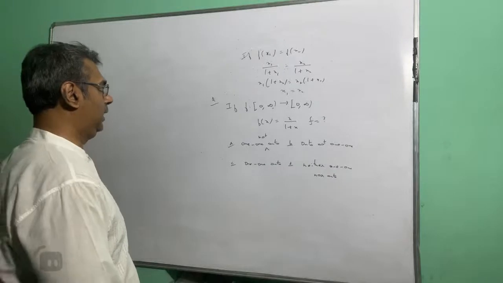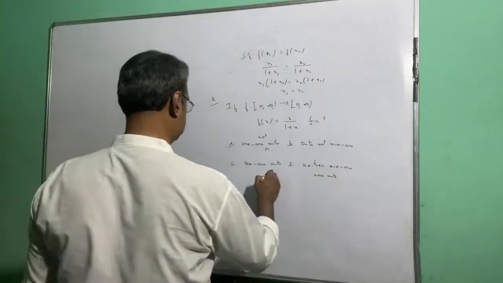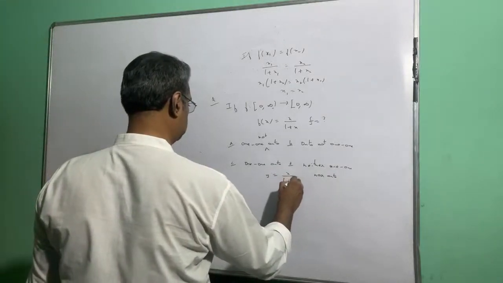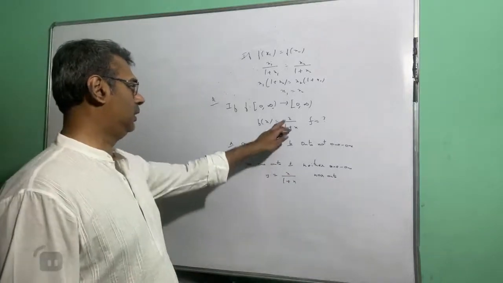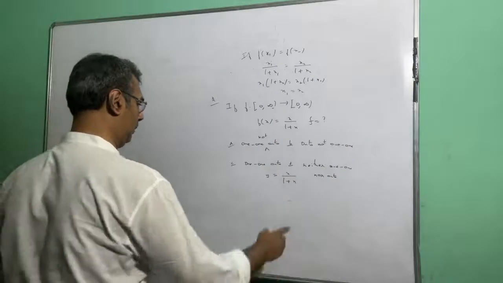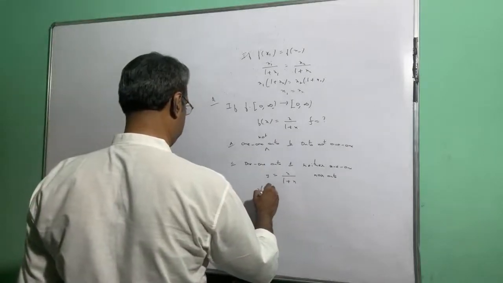Okay, now for checking that it is onto, you take y equal to x by 1 plus x, then you cross multiply.